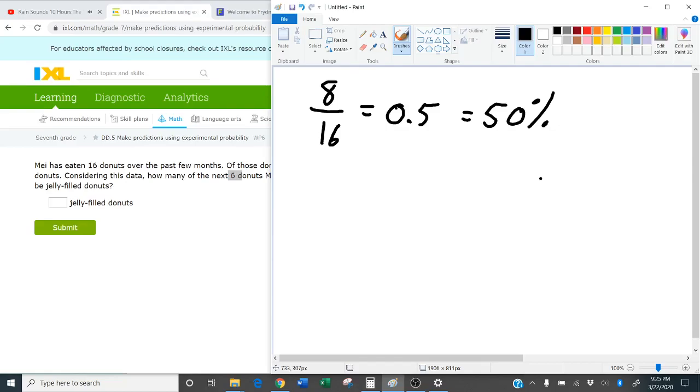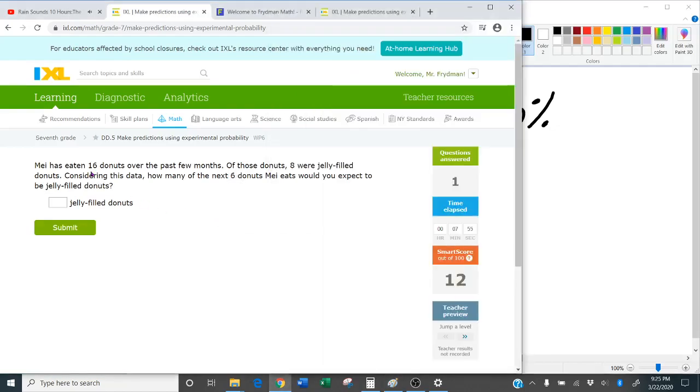If we just do 0.5 times 6, then we'll get 3.0, or just 3, which makes sense because 50% means half, and 3 is half of 6. So when she eats 16 donuts, 8 of them are filled with jelly. If she just ate 6 donuts, we would expect 3 of them to be jelly donuts.